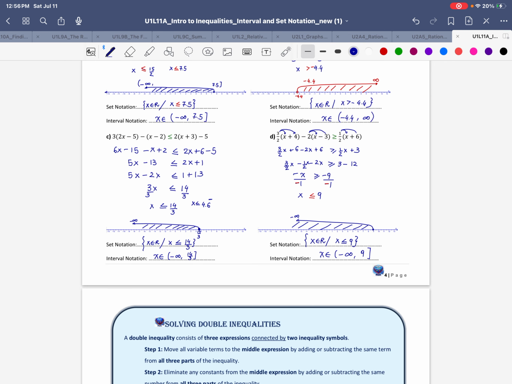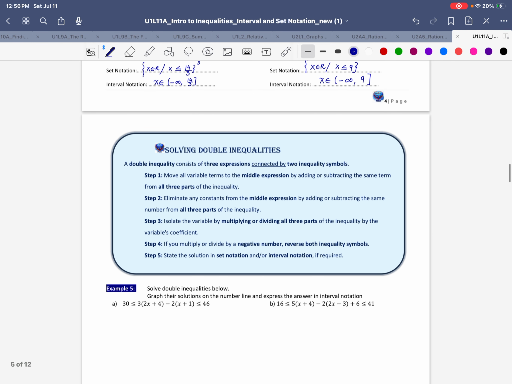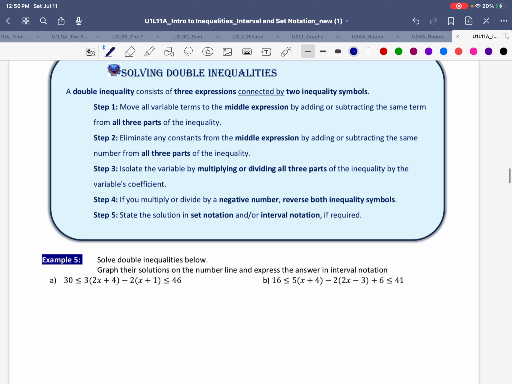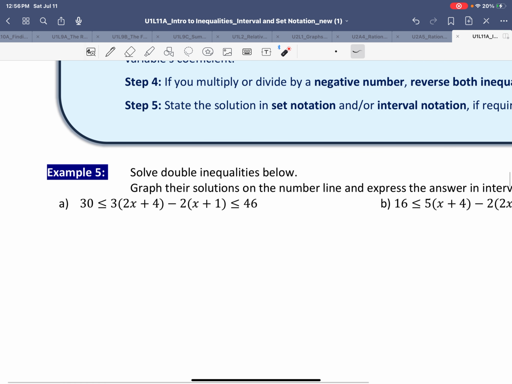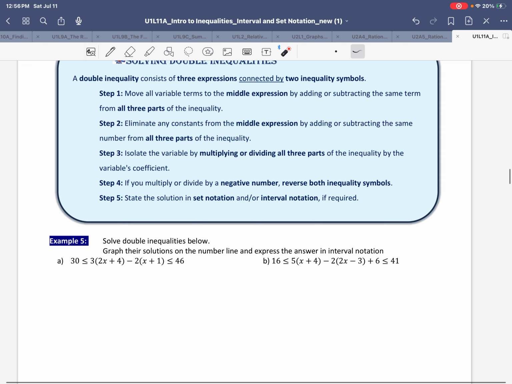Now, next we're looking at double inequalities. What are double inequalities? Double inequalities are basically all linear expressions that are connected to each other in an inequality that contains two inequality symbols. What does that mean, really?